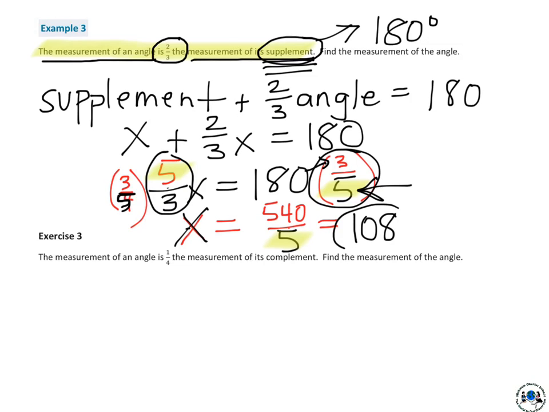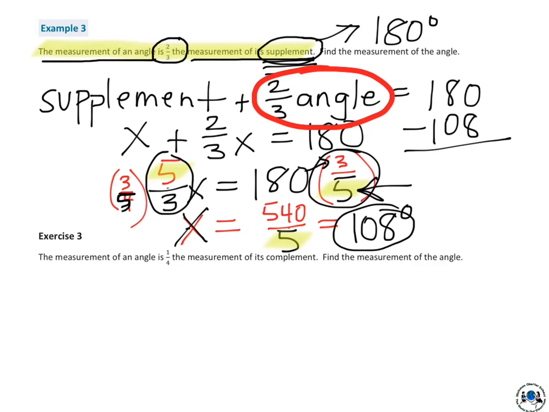Okay, so the measurement of that supplement, and that's what we solved for, because that was our x, is 108 degrees. And of course, if we have the other angle, which is 2/3 of it, all we have to do is take 180, subtract away the 108, and we get the other angle, which is 72 degrees.